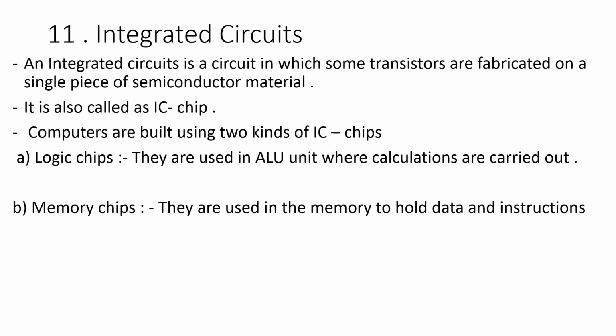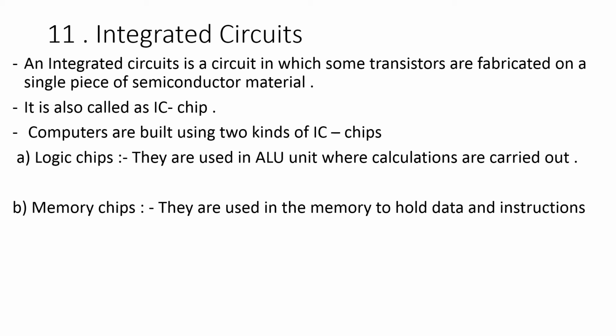The next and the last device is the integrated circuits. Okay. Now, what is meant by integrated circuits? An integrated circuit is a circuit in which some transistors are fabricated on a single piece of semiconductor material. Means there is a semiconductor material. Why only semiconductor material?